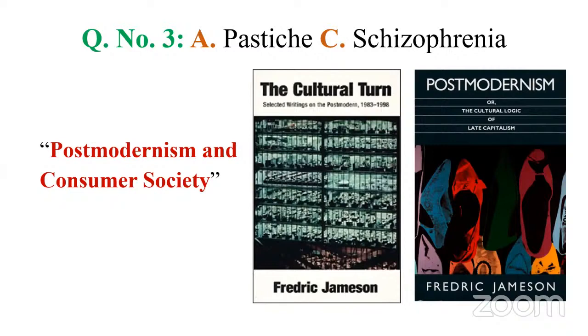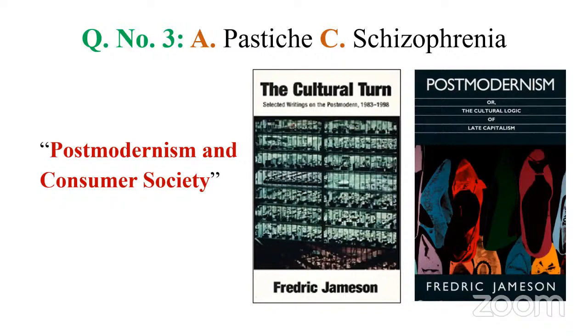But because of this pastiche, because of these empty images, what happens to the readers or consumers? Because readers are also consumers. So because of this pastiche, what happens to us? We experience schizophrenia. What is schizophrenia? Schizophrenia is a mental disorder.